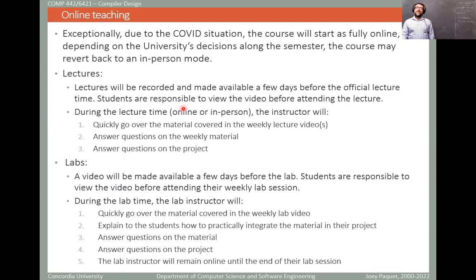Then during the lecture time, whether it's online or in person, I'm going to quickly go over the material covered in the slides and the video, point out the most interesting highlights, and then answer questions you may have about the material.